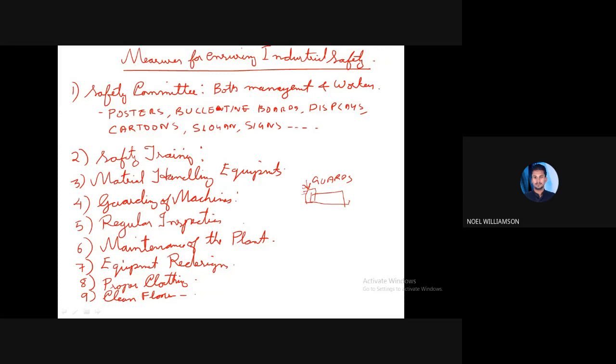And regarding the clothing, that is, proper clothing should be there. That means we should use hand gloves, masks, etc. And finally, the floor should be clean. That means it should be made free from the obstruction. So these are the various measures for ensuring the industrial safety.